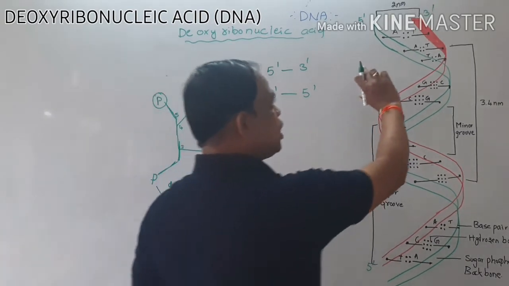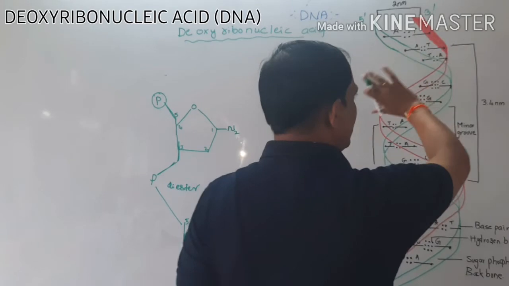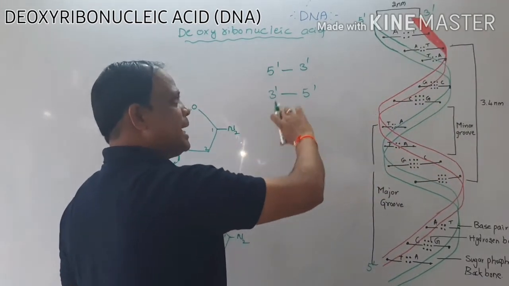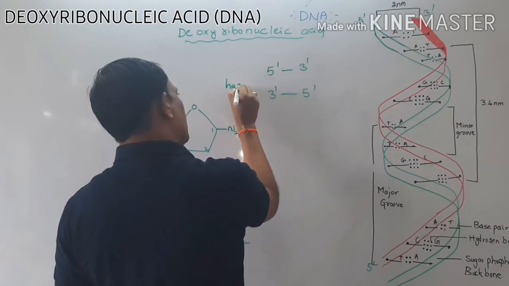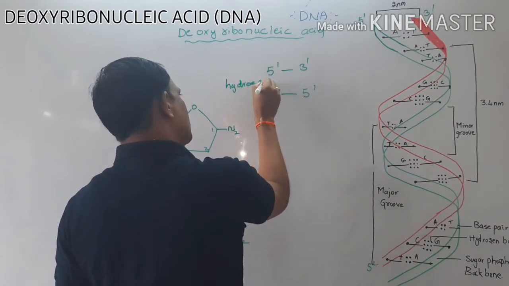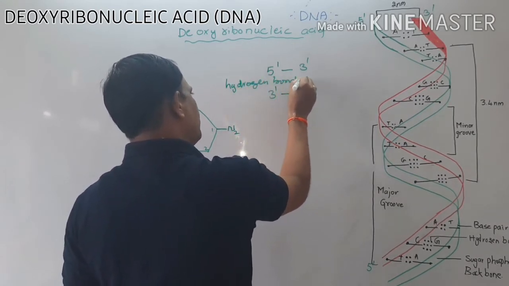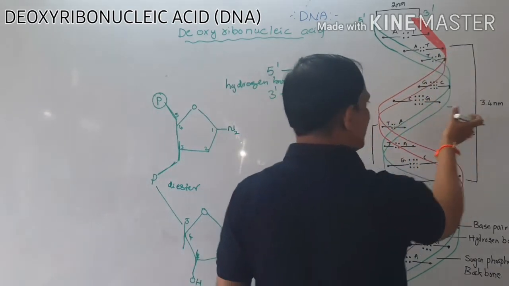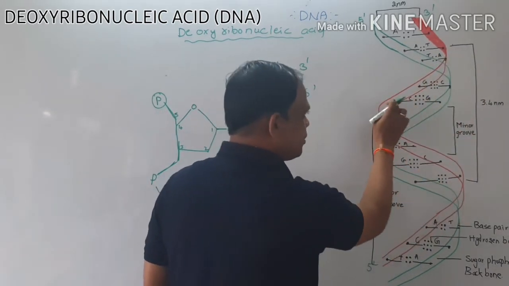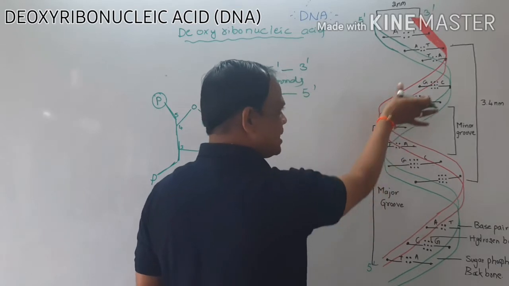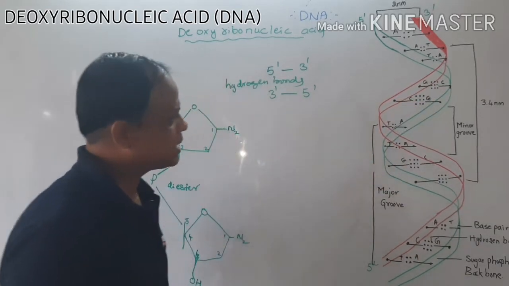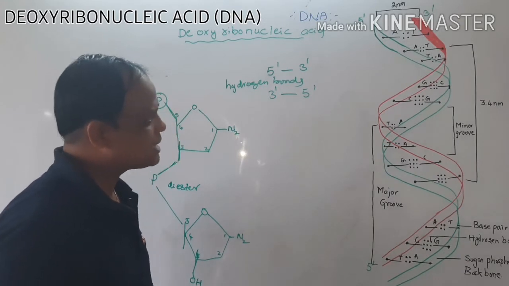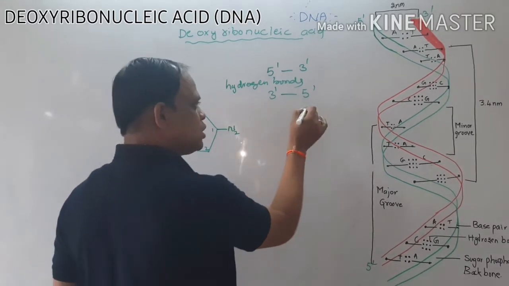Between these two strands the nucleotides are attached with hydrogen bonds, between these two complementary strands. These are anti-parallel, and the two strands bind with the nucleotide sequences with the help of hydrogen bonds.